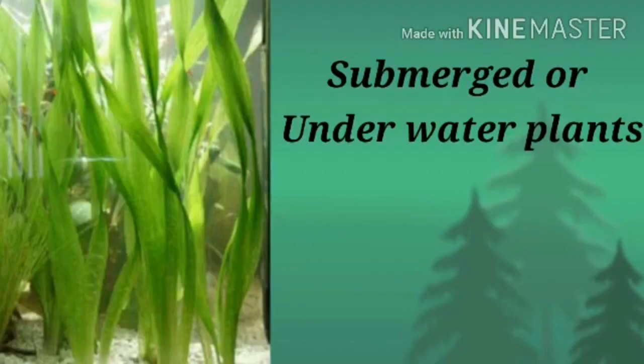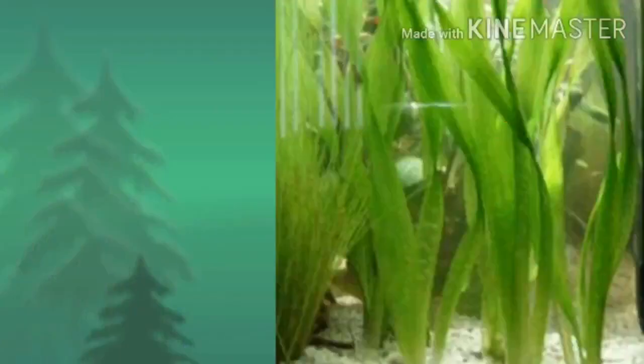The third one is submerged or underwater plants. The tape grass, hydrilla are examples of underwater plants. These plants grow completely underwater and are not visible above the surface of water.